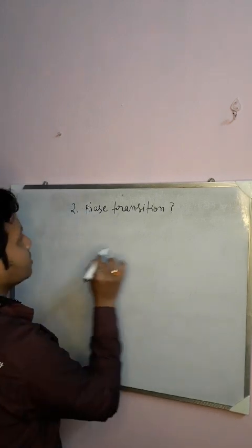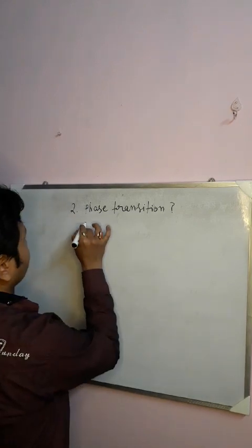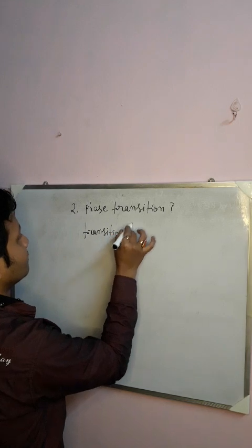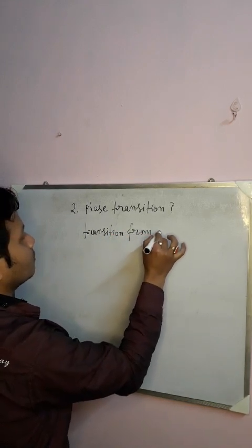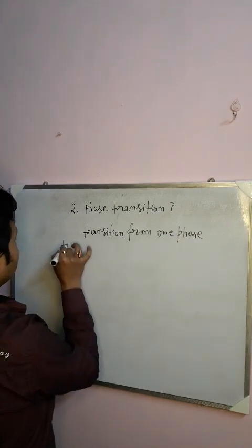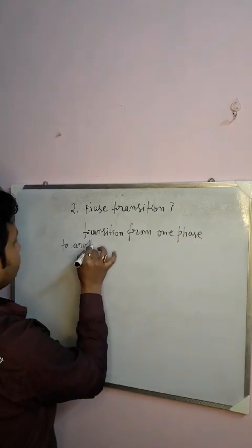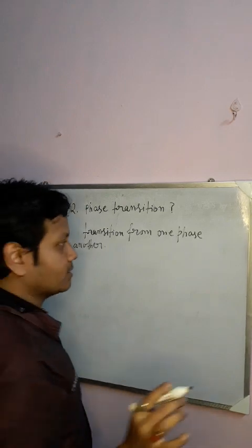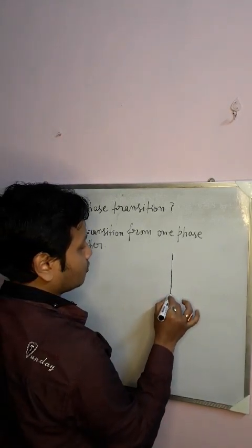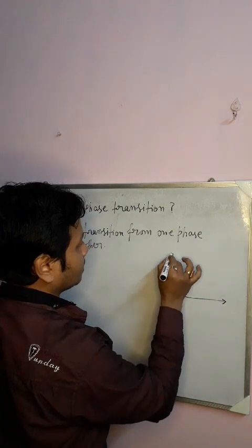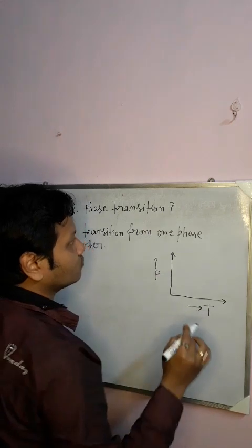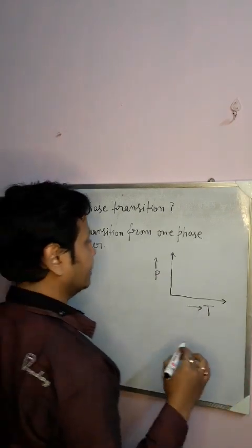So basically it represents the transition from one phase to another. Just take a suitable example. Let us draw the pressure temperature diagram, that is we consider the triple point example. This is a familiar example and we will also learn it later in detail.